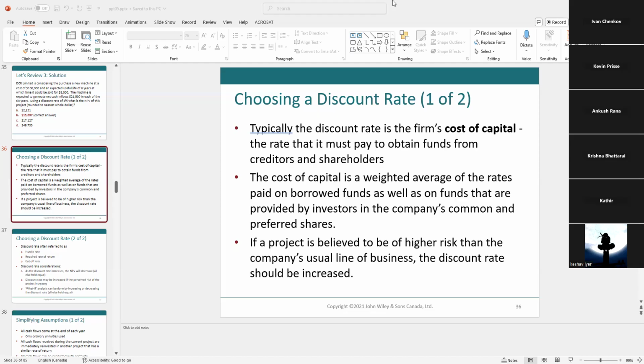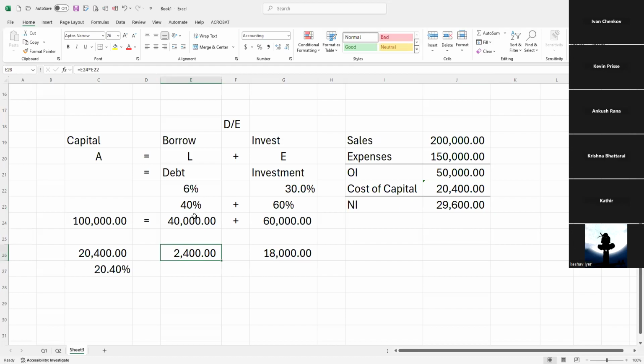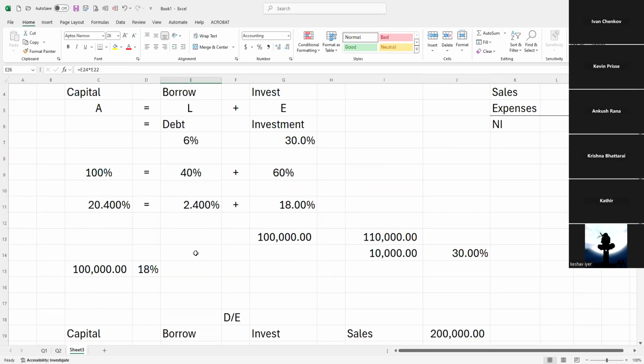Because we see here how we calculated it in our Excel spreadsheet. How did we calculate the cost of the borrowing? Well, we take the weighted average, which is 40% times the cost. We already saw the weighted average cost of the borrowing is 2.4%. Why?